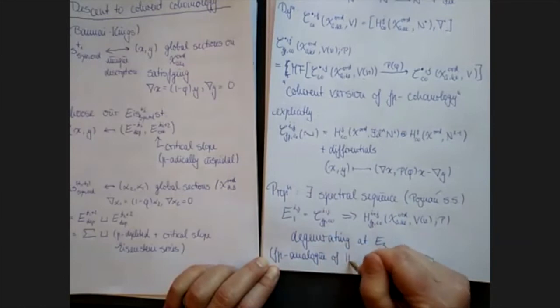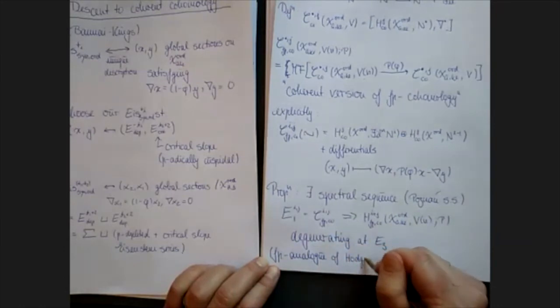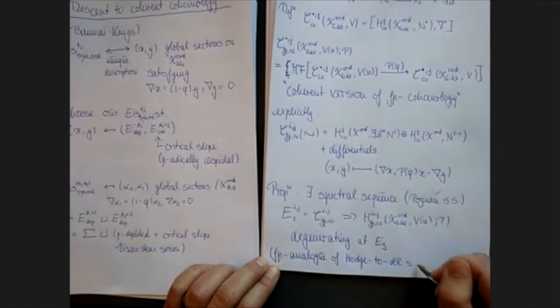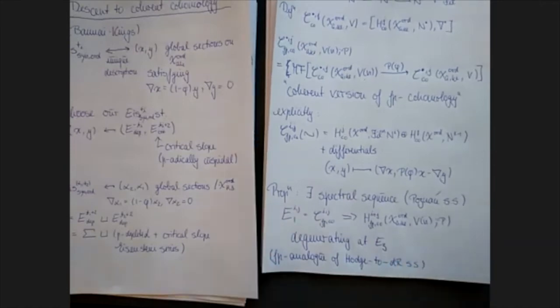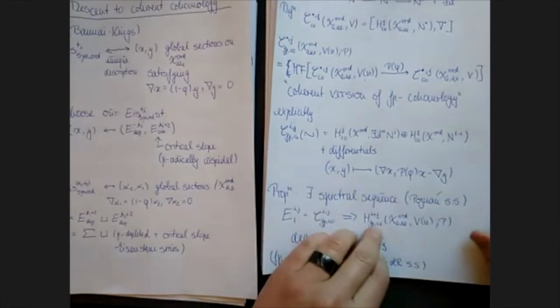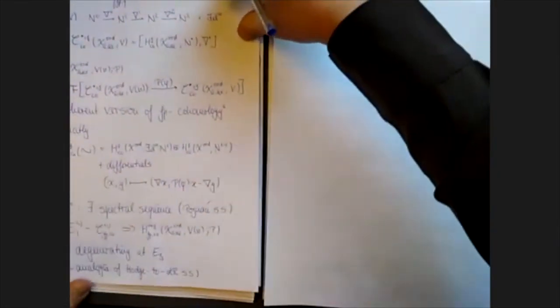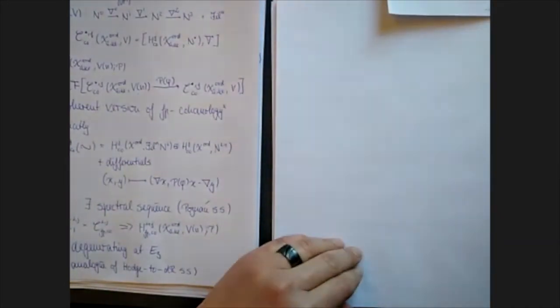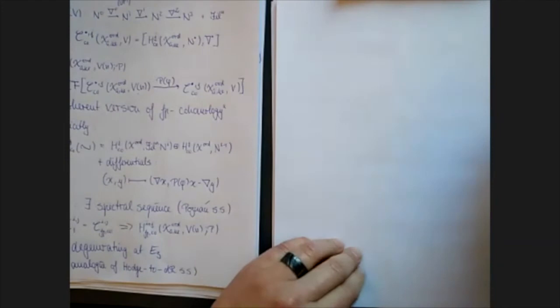And the result of Banach-King is just one application of a special case of this spectral sequence. Right, so now what can we do with that?